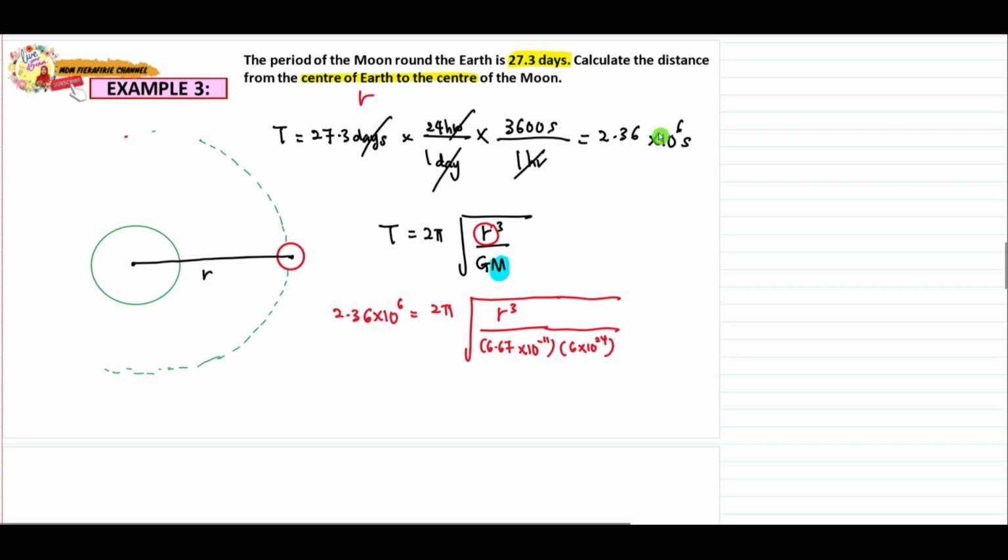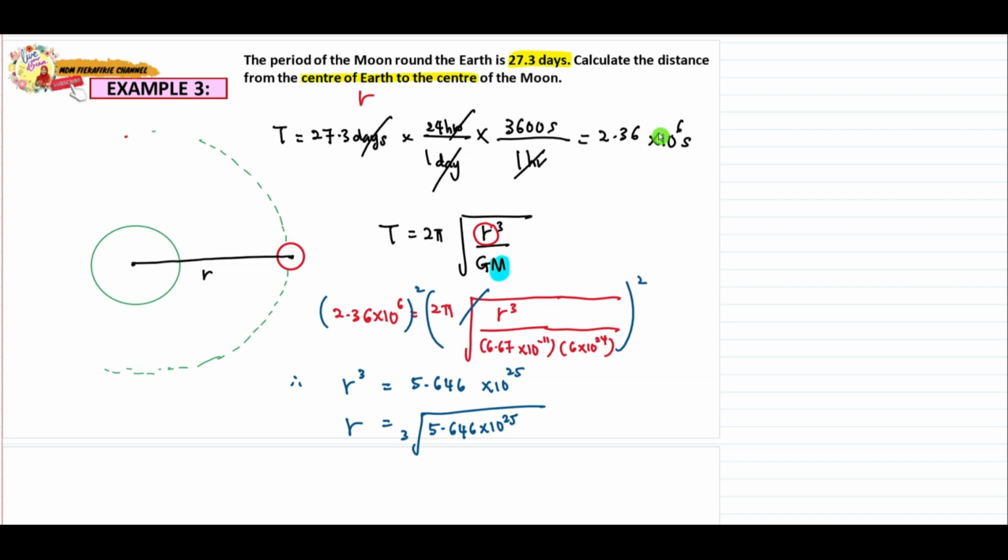So from here, we want to find R cubed. In order to cancel the square root, we can square both sides of the equation. So now this one you can cancel and then do your calculation. R cubed is equal to 5.646 exponent 25, and R is equal to, don't forget the cube root, of 5.646 exponent 25.